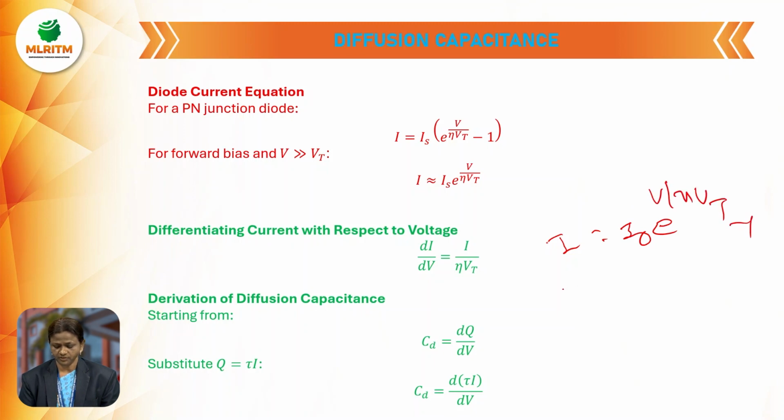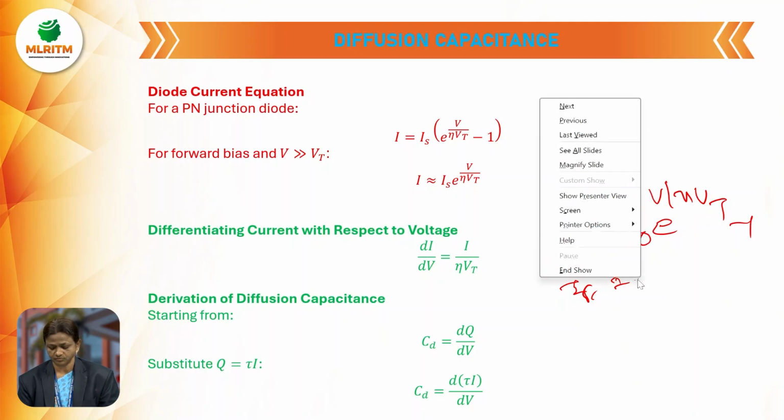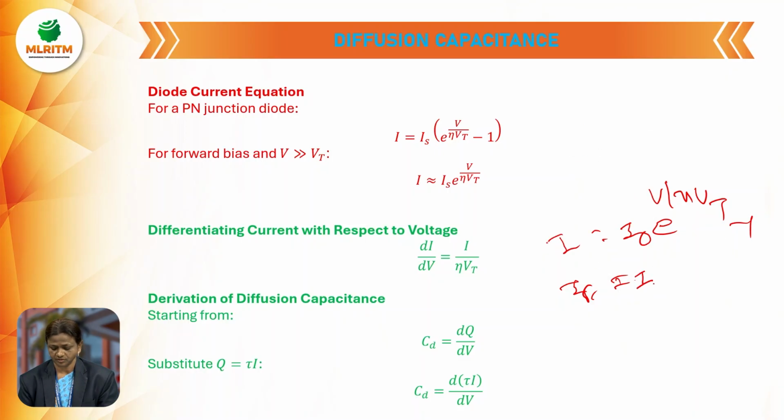Whenever PN junction diode is in forward bias condition, V is nothing but applied voltage. So forward voltage value is always positive, so this exponential term is also positive. Whenever this exponential term is positive, you can neglect this one value. Then IF equal to I naught e power V by eta Vt only.